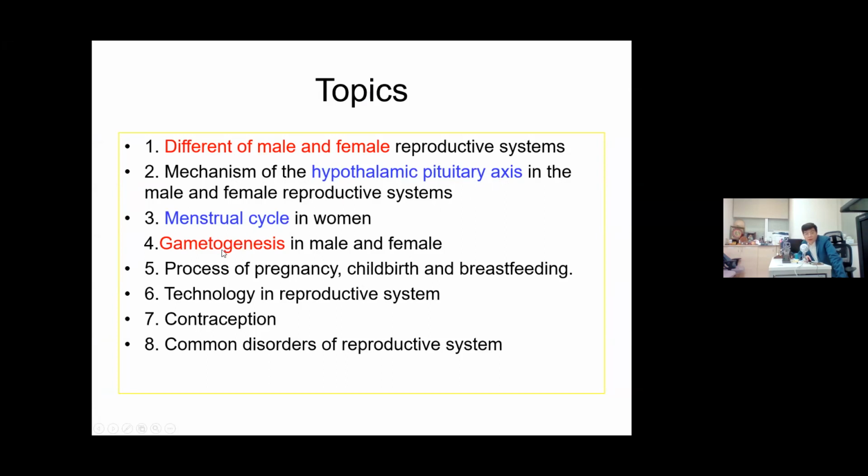Then we'll mention the menstrual cycle in the woman. Also, we will talk about the ova and the testes, the gametogenesis. And the final part, we'll talk about pregnancy, childbirth, and breastfeeding, and some new technology in the reproductive system for the infertility patient.